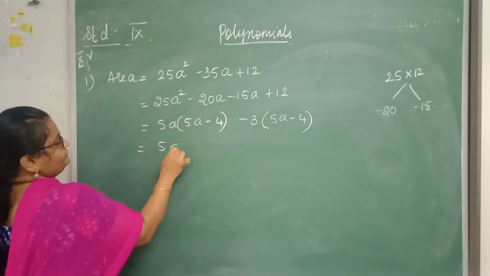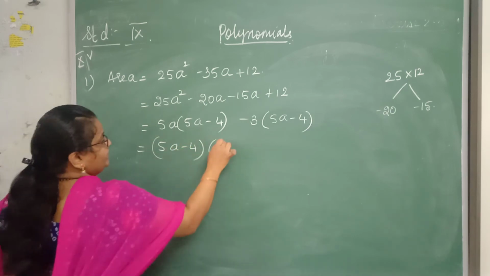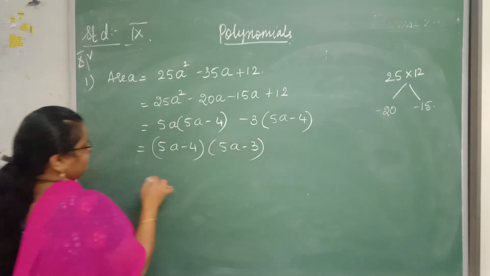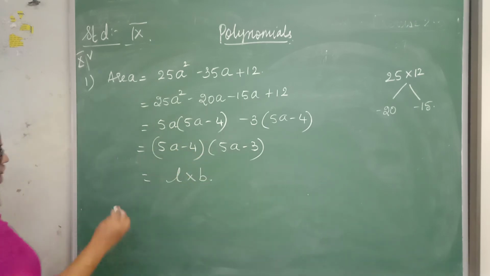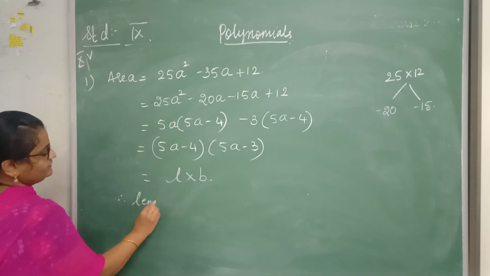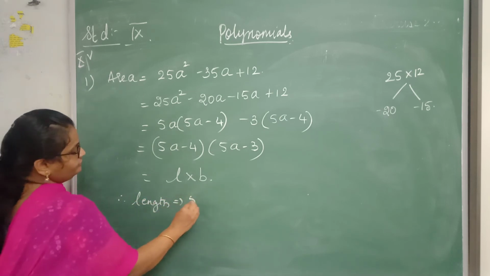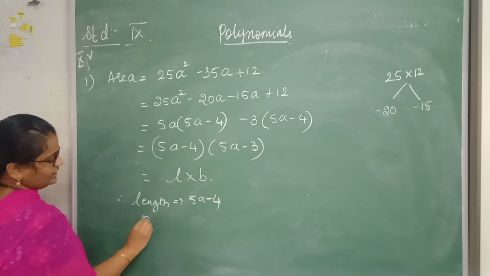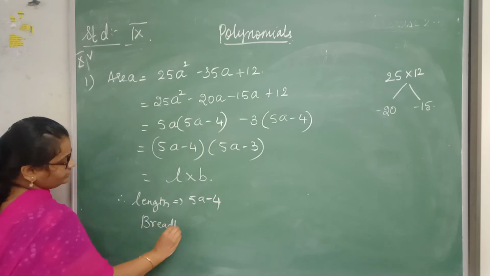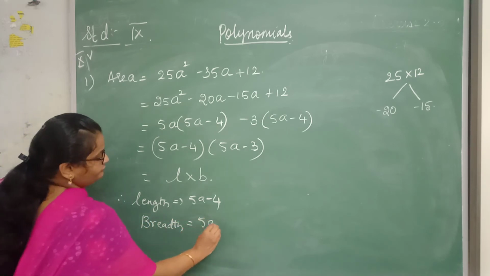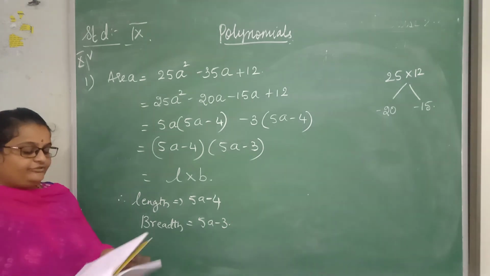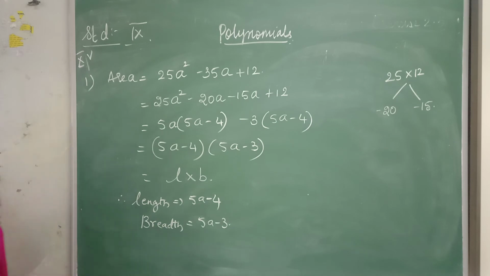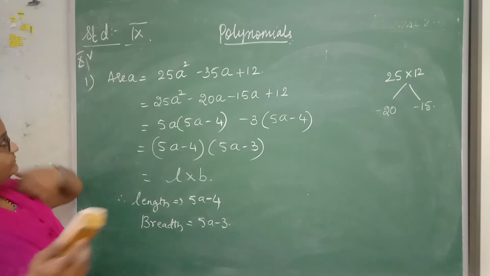So that is 5a minus 4 into 5a minus 3, which is nothing but length into breadth. So therefore length is equal to 5a minus 4 and breadth is equal to 5a minus 3. Okay, so this is how we are supposed to find the dimensions from the area given as an expression. Then the last main.